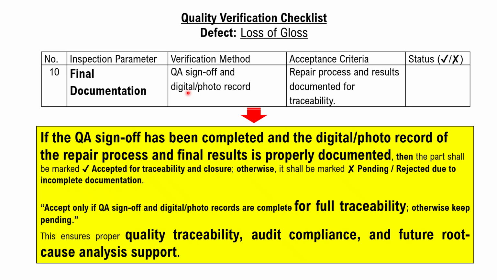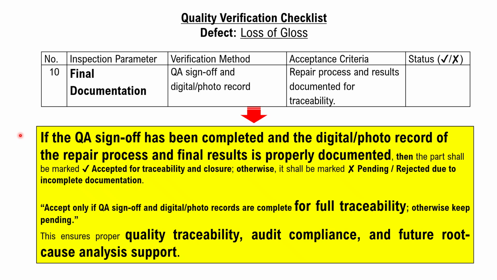If the quality assurance department sign-off has been completed and the digital photo record of the repair process and final result is properly documented, then the part shall be marked as accepted for traceability and closure. Otherwise, it shall be marked as rejected due to incomplete documentation, or it may be considered as pending.